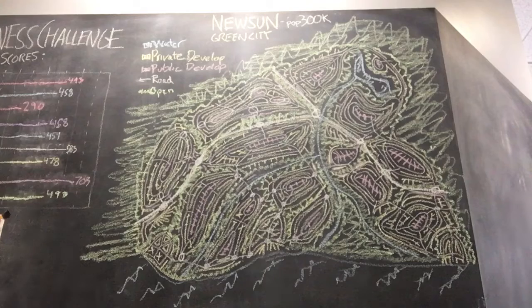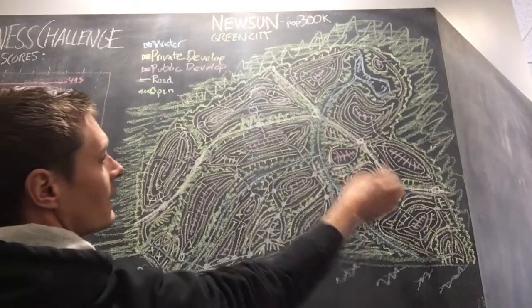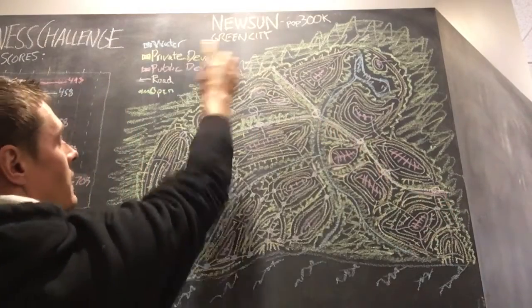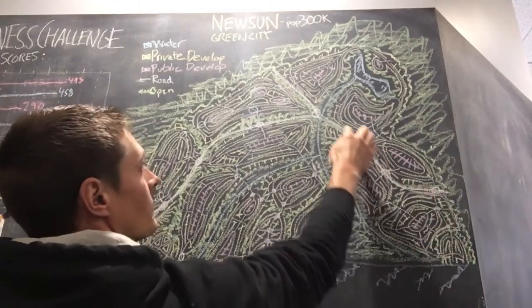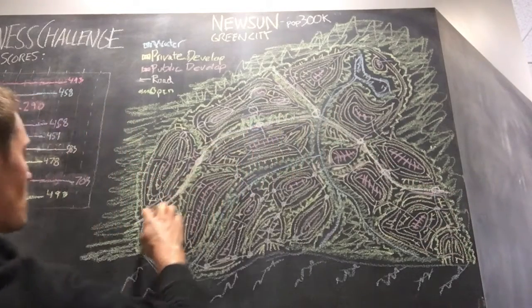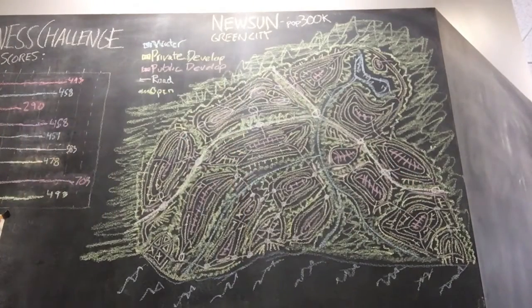Okay, let's talk about the roadway next. So you can see a white line that's thicker. This is like the freeway here. If you wanted to just go through the city from east to west, you would follow that route, and there's also an exit to the north.